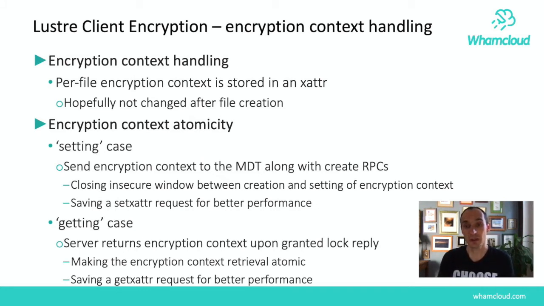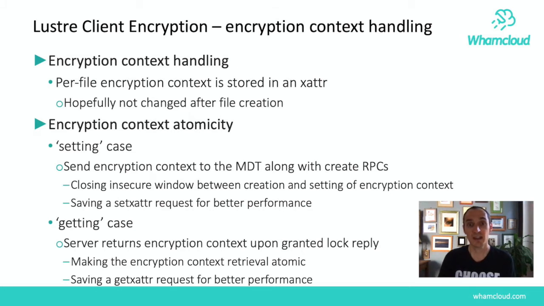So with Lustre, we guarantee encryption context atomicity. In the setting case, it means that we send the encryption context to the MDT along with the create RPC. So it closes the insecure window between creation and setting of the encryption context, and it also saves a set XATTR request, so it's both important for consistency and performance.